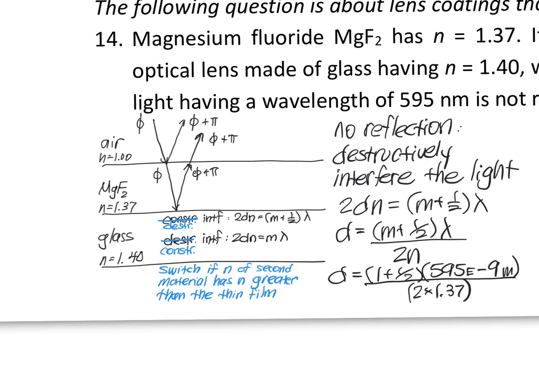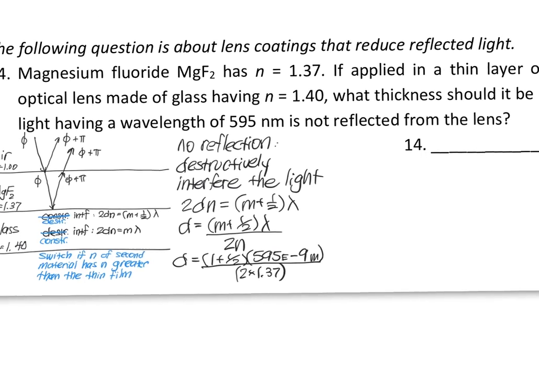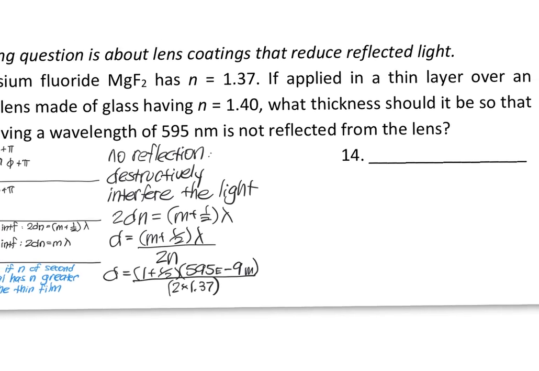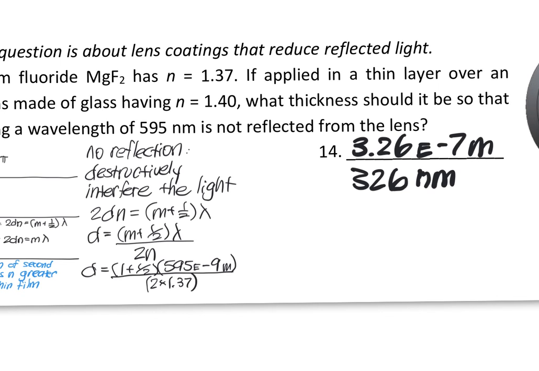And so I set m to 1 to be the minimum thickness for this film. When we work the numbers, we get a thickness of 326 nanometers. And there you have it. That's how anti-reflective coatings work. All right, 14 was the last question on the worksheet, so that is the end of this solution video.